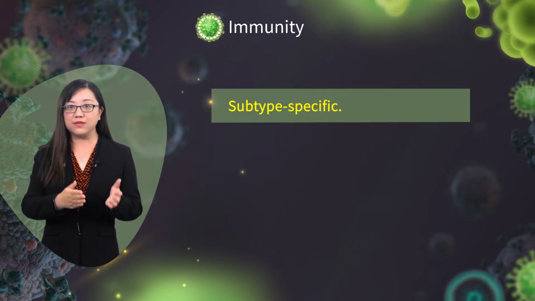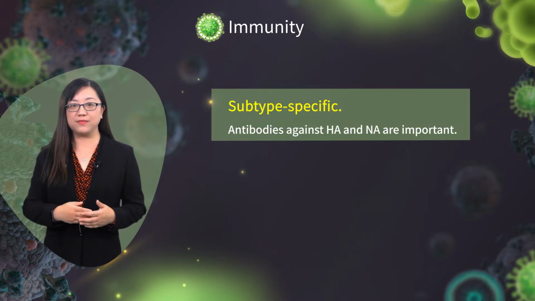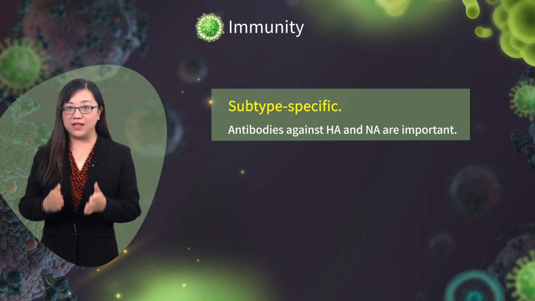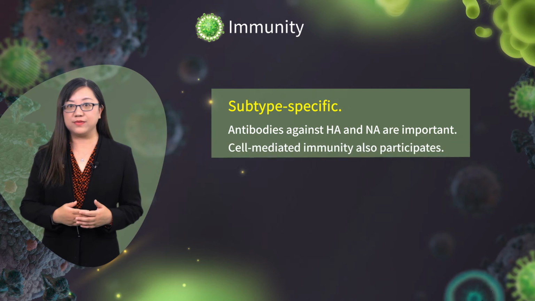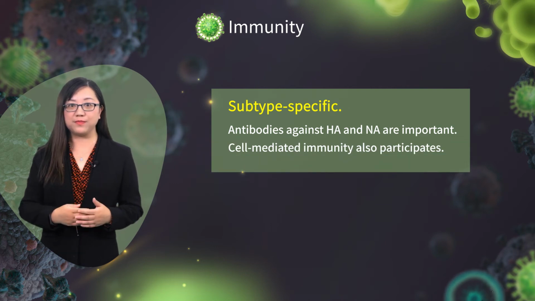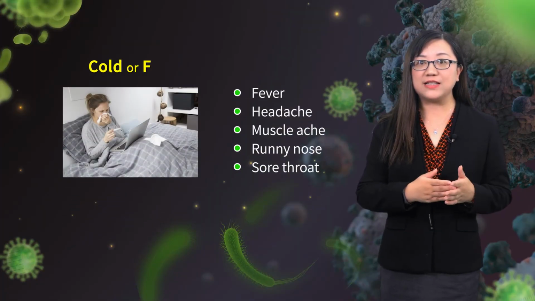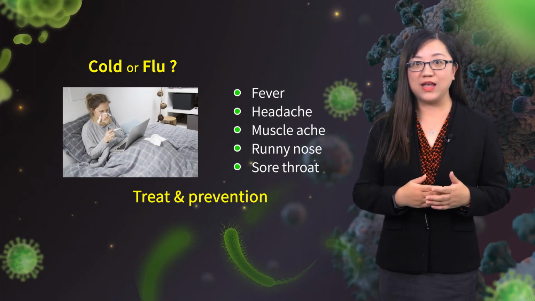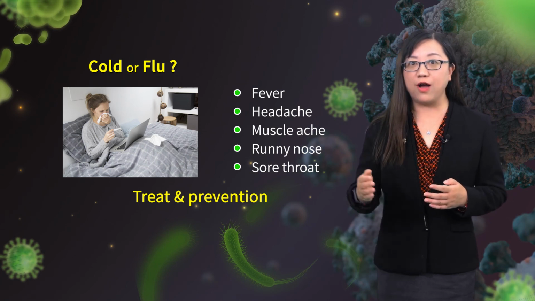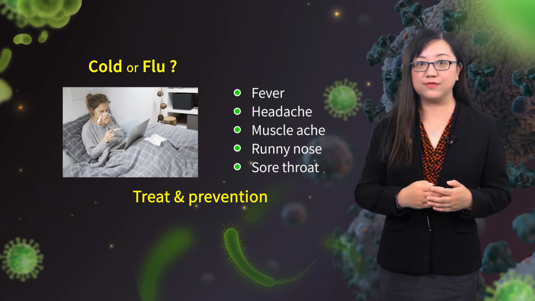Immunity is subtype specific. Antibodies against HA and NA are important. Cell-mediated immunity also participates. If the girl is diagnosed with flu, how to treat her and how to protect people from the flu virus infection.